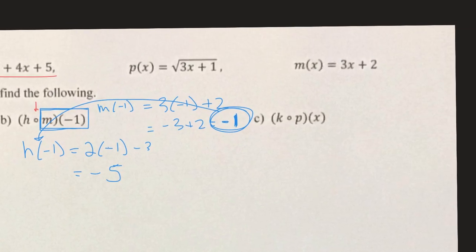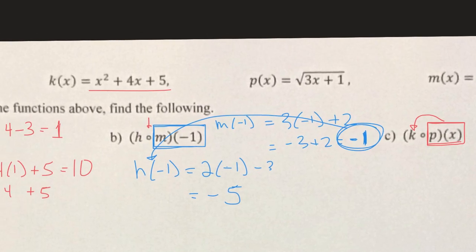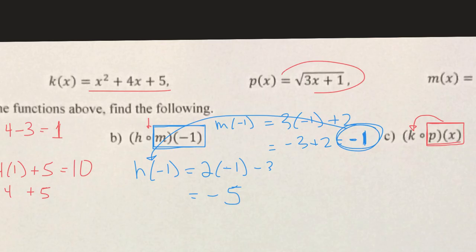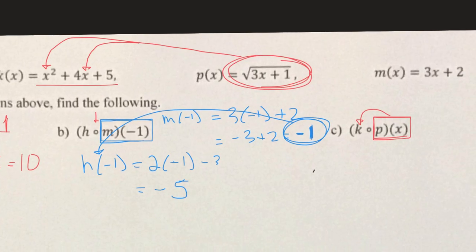So part C says k of p of x, which means we're taking our p of x equation and plugging it into k. So my p of x equation is a square root equation, and k is a quadratic. So how many x's do we see? 2 x's, which means I have to replace it twice.